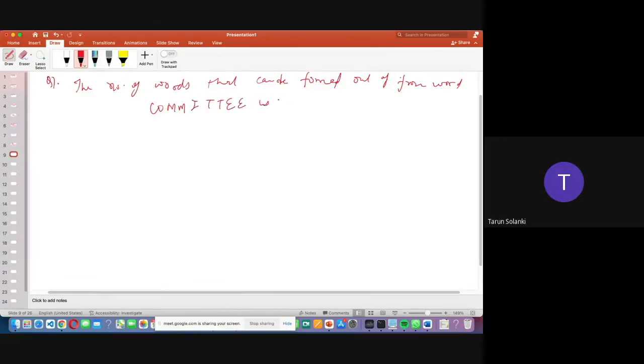Okay, so solving, there are 9 letters in the given word which has two T's, M is also 2, E is also 2. Okay, so hence it will become 9 factorial, that is the total number of words, divided by 2 factorial, 2 factorial, 2 factorial, that is 9 factorial by 2 factorial cubed.